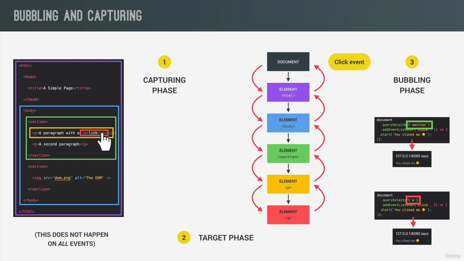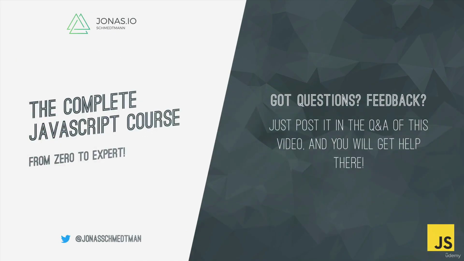But really, most of the events do capture and bubble, as I described here in this lecture. We can also say that events propagate, which is really what capturing and bubbling is. It's events propagating from one place to another. All right, so I hope that all of this made sense. And so let's now actually see this in action in the next video.